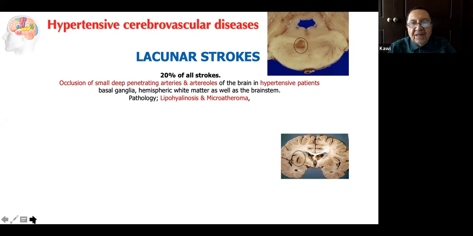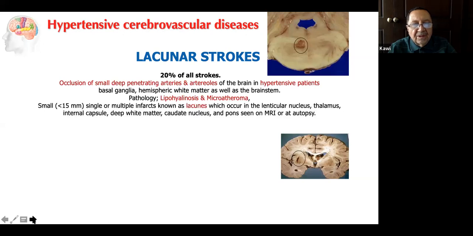The pathology is that the blood vessels become lipohyalinosed, and there are microatheromas within these vessels. Remember, these vessels are small, 1 or 2 millimeters in diameter, so a small atheroma will cause them to close off.